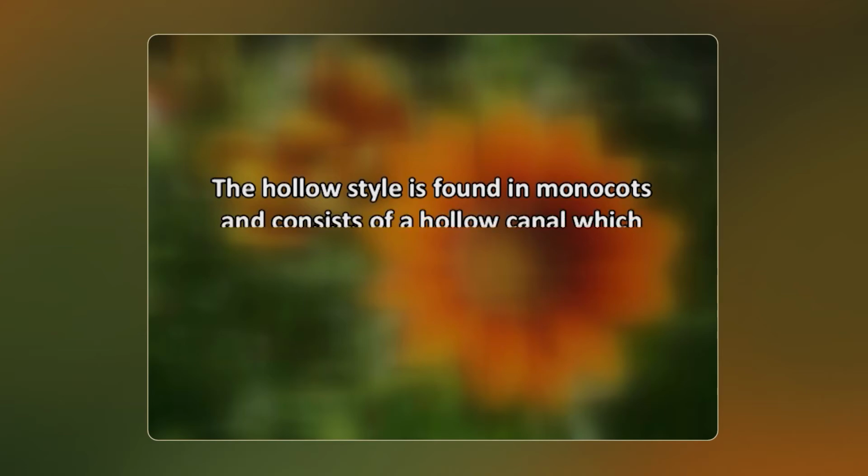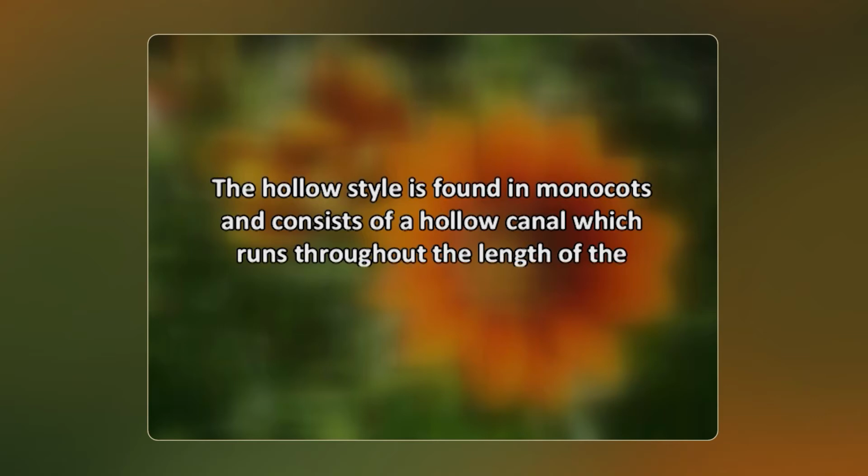The hollow style is predominantly found in monocots and consists of a hollow canal which runs throughout the length of the style from stigma to its base.